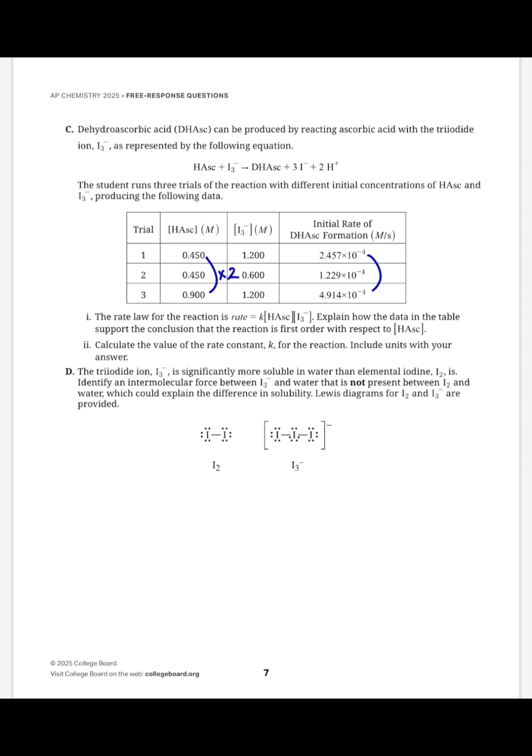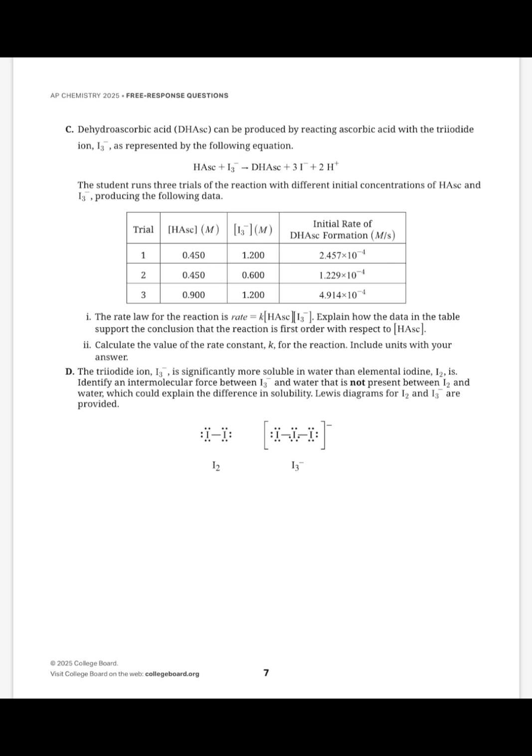And if we look at our initial rates for trial 1 and trial 3, they also increased by a factor of 2. So in order to prove this, we can say that in order for our rate to be doubled from a doubling of the concentration, the exponent here has to be 1. That tells us this is a first order reaction. As our concentration doubled, our rate doubled.